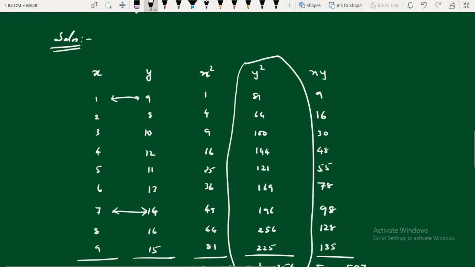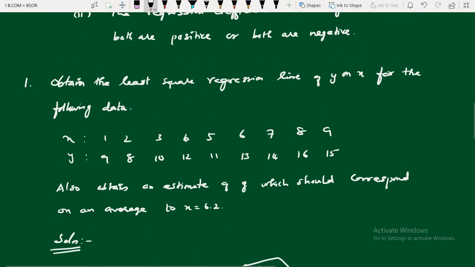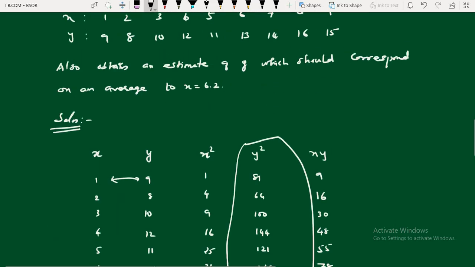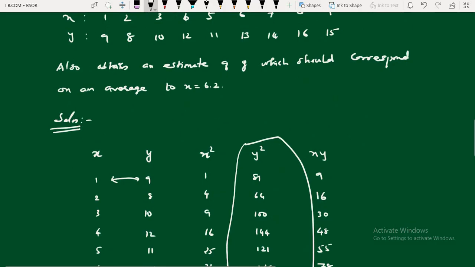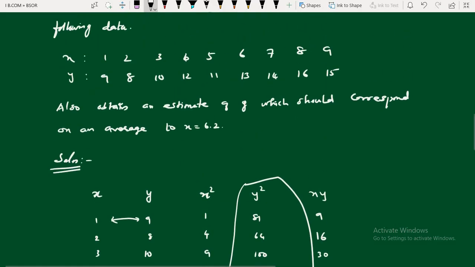I am doing it generally like this because if you write all the 5 columns, you can solve any kind of question. That's why I included y square. For this problem, y square is not actually needed, but you do x on y using this y square value. You try that one, then the problem will be familiar to you.